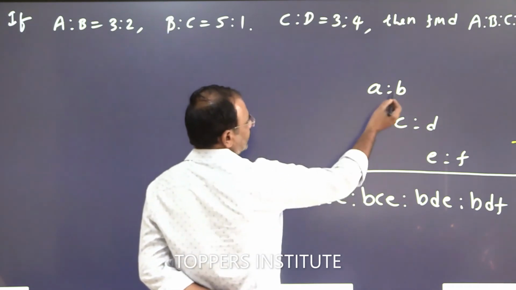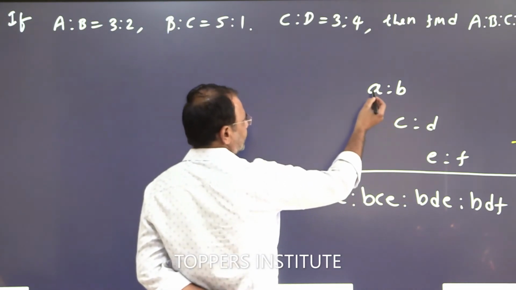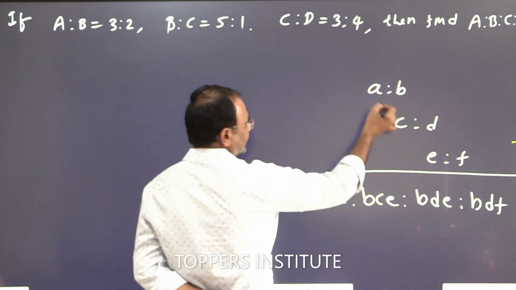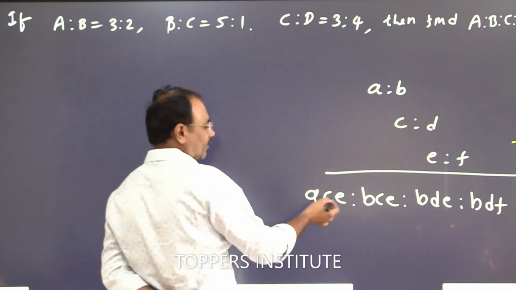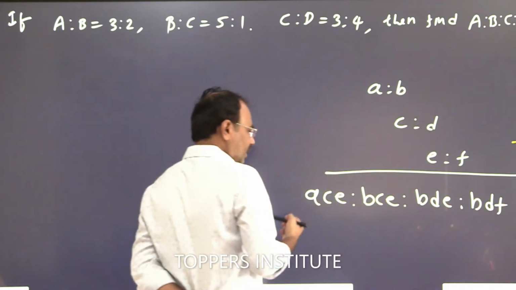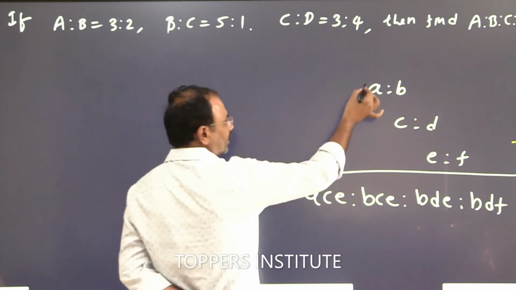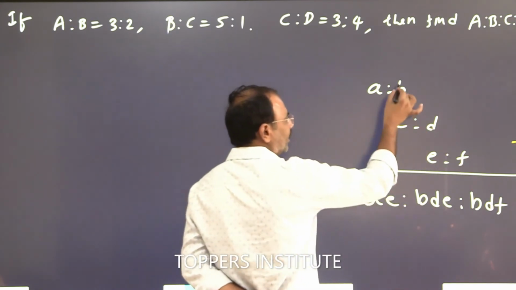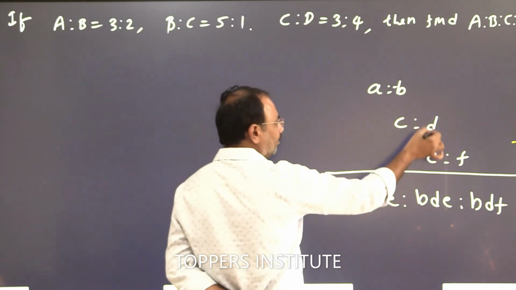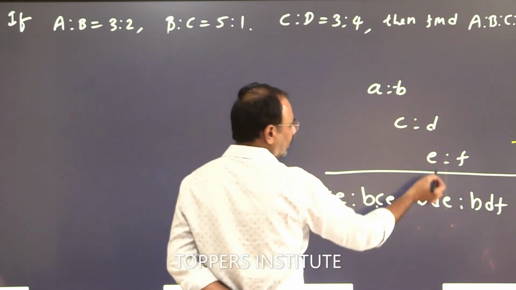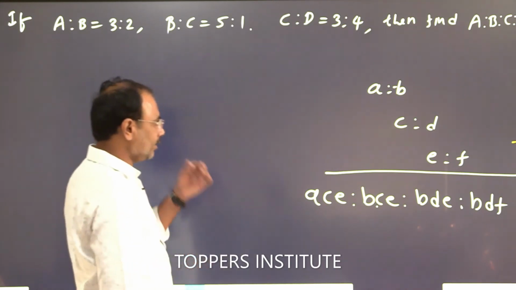In the ratio A is to B, A is antecedent and B is consequent. So ACE is the product of antecedents, and BDF is the product of consequents. The middle terms are BCE and BDE. So this is the technique to remember.